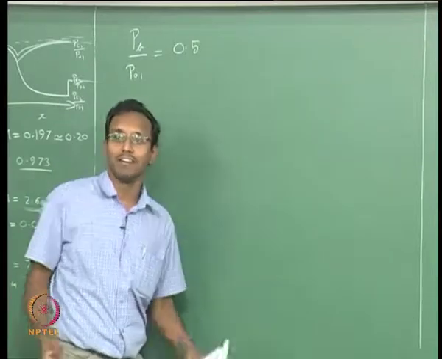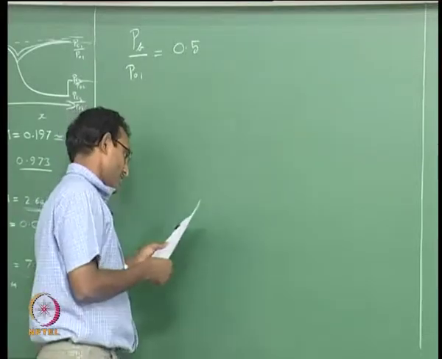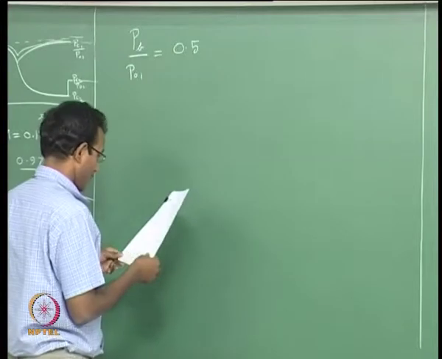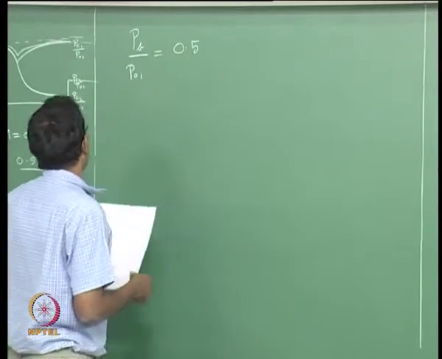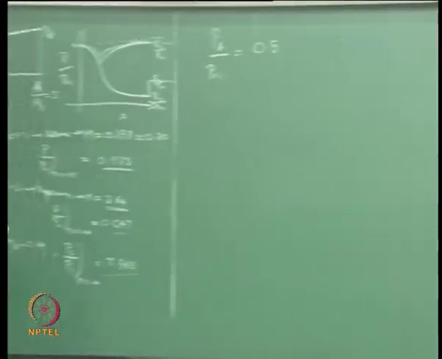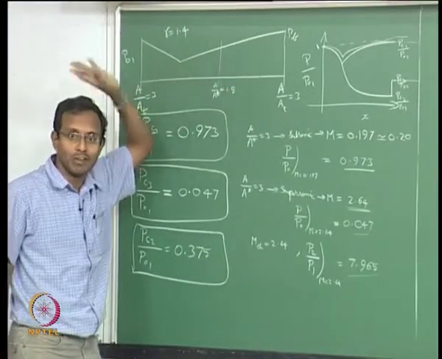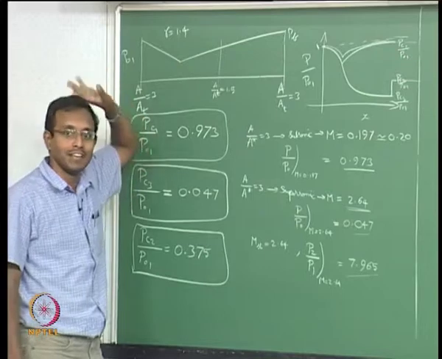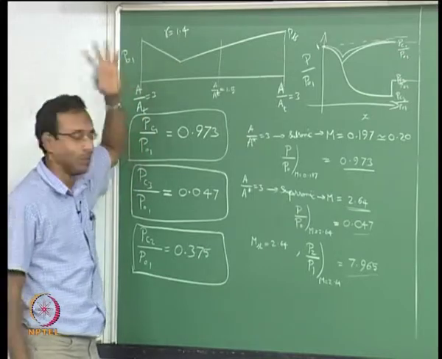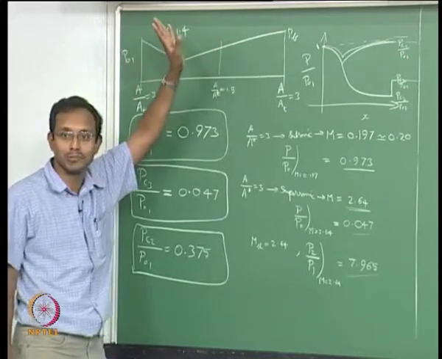Simple enough, it is definitely in between those two. Okay, and now we want to solve this problem, and all we know as of now is there is a shock definitely in the divergent portion, right? From all our discussions last 2 classes and the experimental video we saw, we know that definitely there is a shock in the divergent portion.